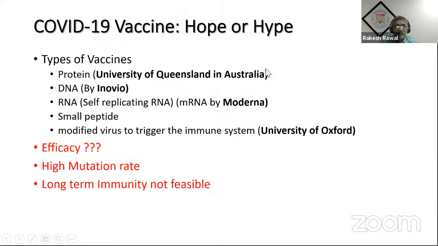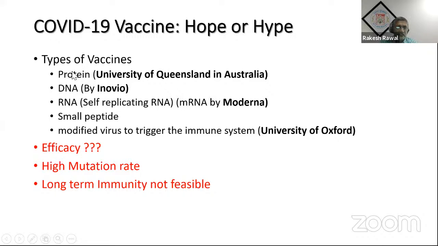Vaccine is still something we are looking at as a hope, though there was a big hype in the race of vaccine development globally. So there are 20 to 30 major players who were in the race of vaccine development. And there are different types of vaccines being developed.